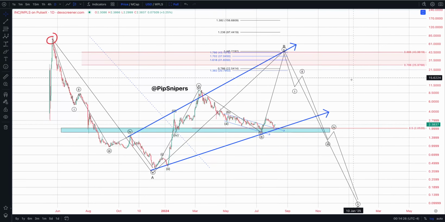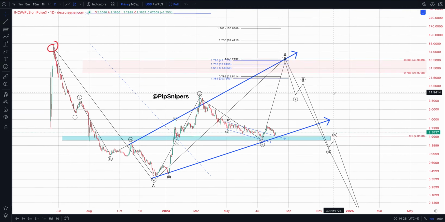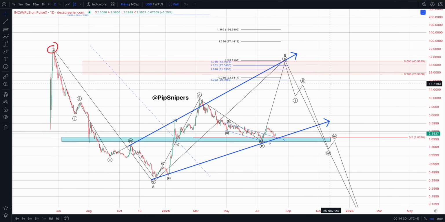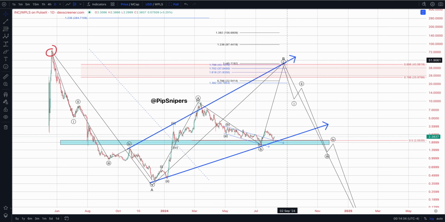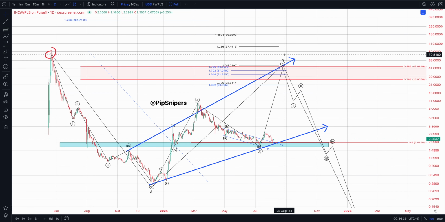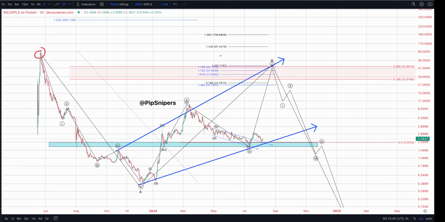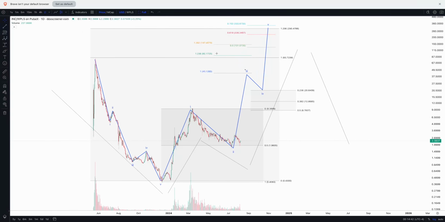So be very cautious within that $25 to $43 region. Wouldn't hurt to take profit there. Okay, now definitely save some tokens aside just in case the chart is a little bit more impulsive for a scenario like this.